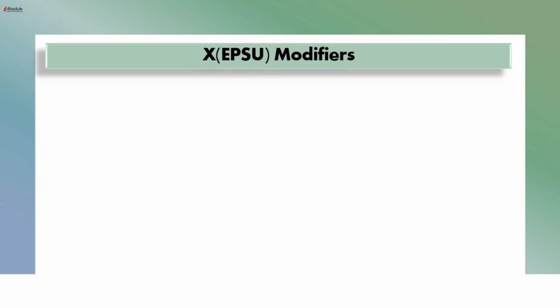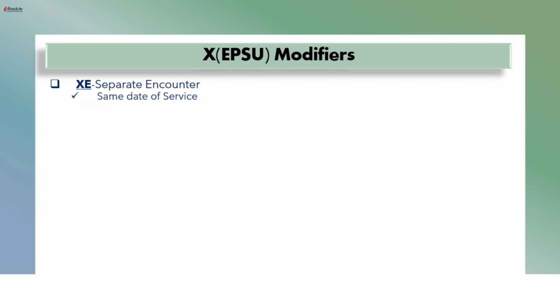So some payers have actually embraced the use of these X modifiers, and they require the use of them. These modifiers are just more specific. They're level 2 HCPCS modifiers, and they are to be used instead of or in lieu of modifier 59 when appropriate.